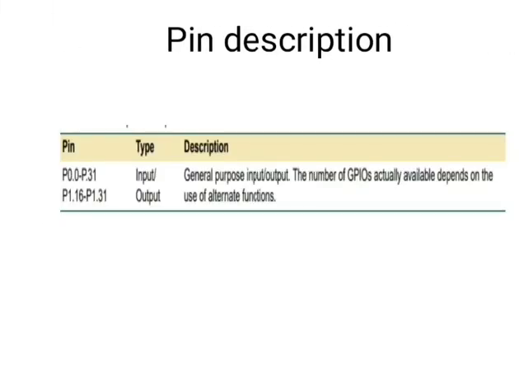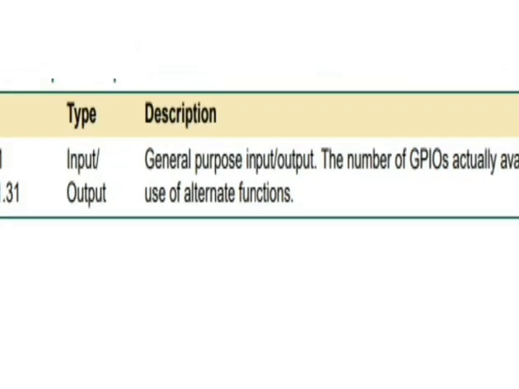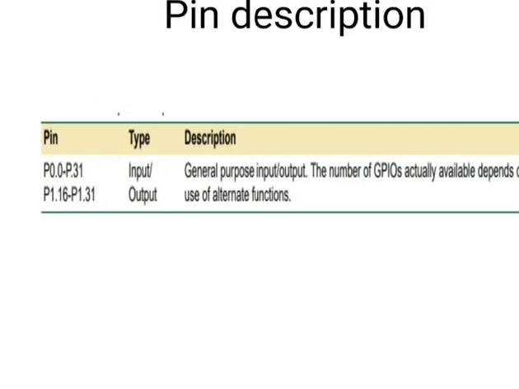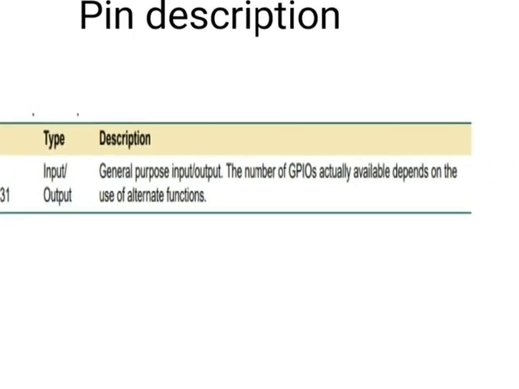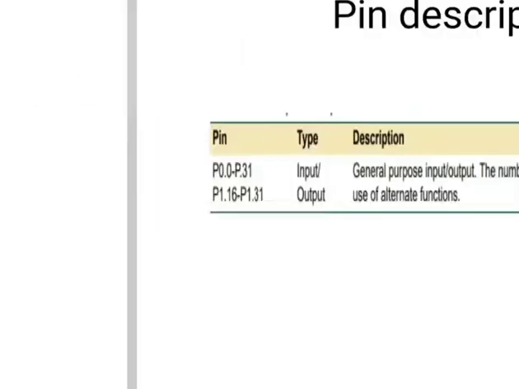Next is pin description. Pins P0.0 to P0.31 are of type input. They serve as general purpose input output. The number of GPIO actually available depends on the use of alternate functions.